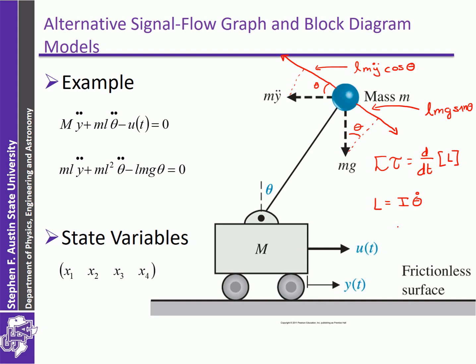For a point mass, the moment of inertia is I equals m times L squared.